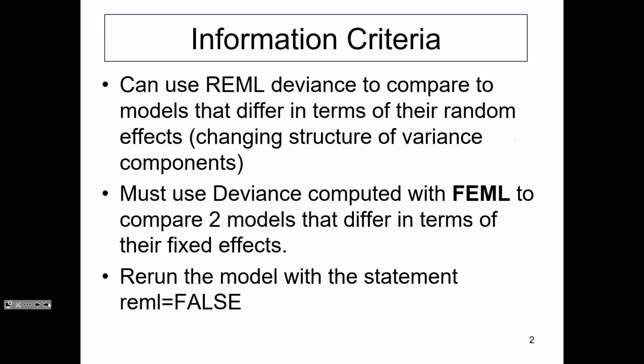For that reason, we tend to favor restricted maximum likelihood over full maximum likelihood. As I mentioned last week, there's a quickie formula that gives you an idea by how much your variance components might be underestimated. It's a function of the number of clusters minus the number of fixed effects, divided by the number of clusters.